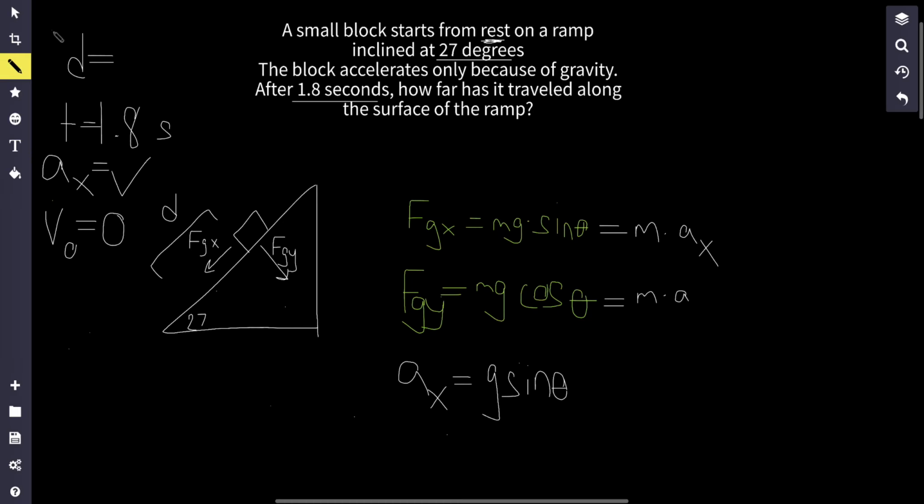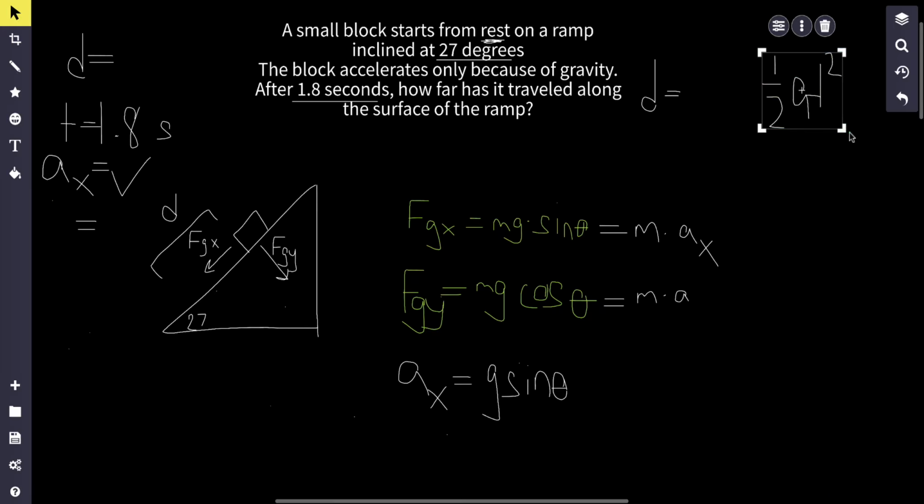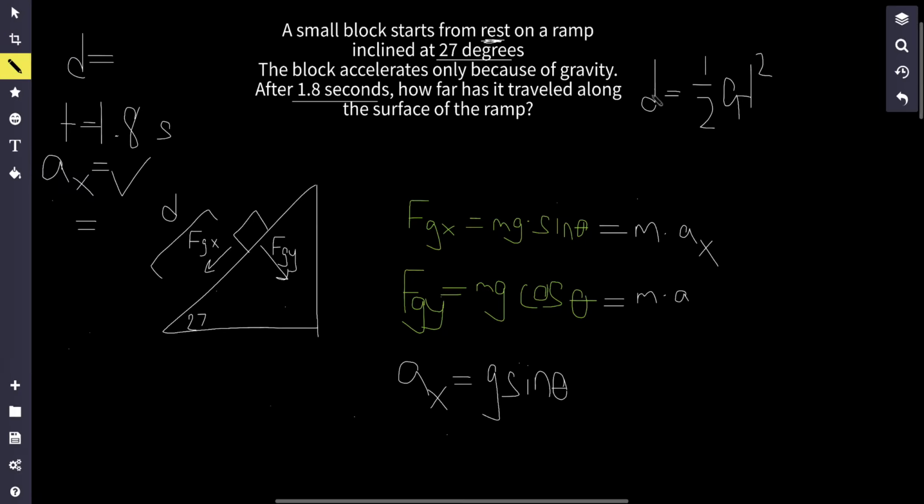What formula relates all these four variables together? Well, it's v1t plus 1/2 at squared, right? This kinematic equation is the one we want to use. Because our initial velocity is equal to 0, 0 times whatever the time is going to be 0. So effectively, our formula is just going to be 1/2 at squared. So if we find the acceleration, we basically have the displacement in the bag.